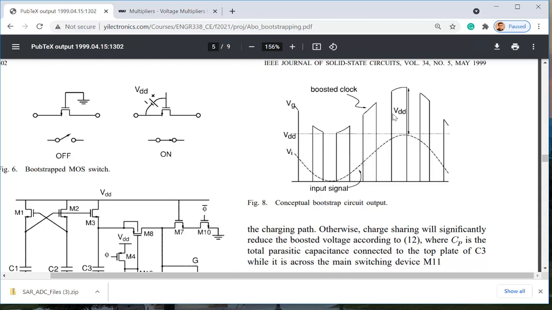However, the purpose of that one is, since it's going to track the same variation of the sine wave, the DC voltage difference across the two capacitor plates is not changing. So you are getting a constant VDD difference across the cap, no matter what the input voltage is. It's going to follow that pattern.